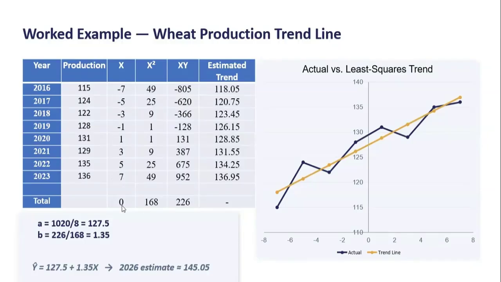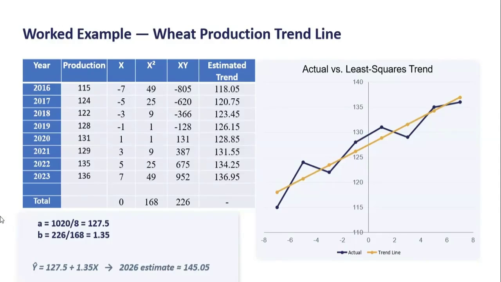To avoid the fractions, I have used the average of 2019 and 2020, which turns out to be 2019.5. X equals 2 times year minus 2019.5 gives me this coded column as -7 to 7. That keeps the math clean and avoids fractions.